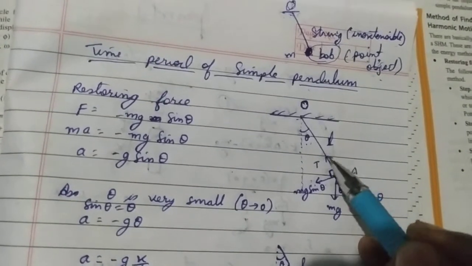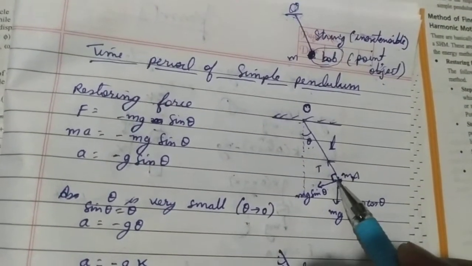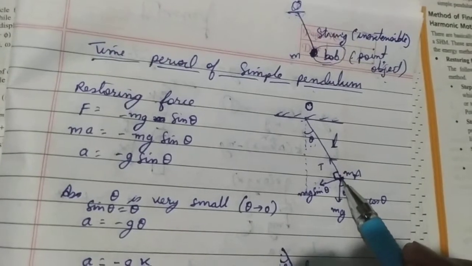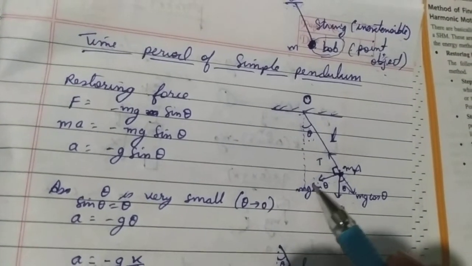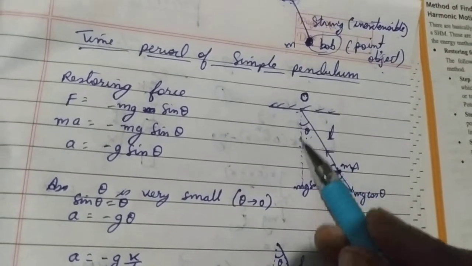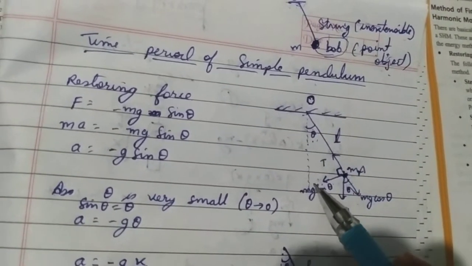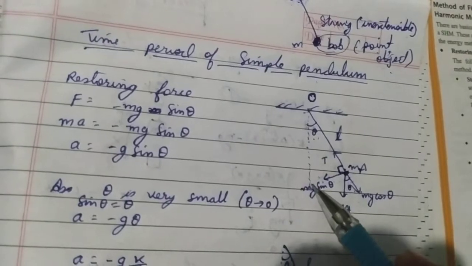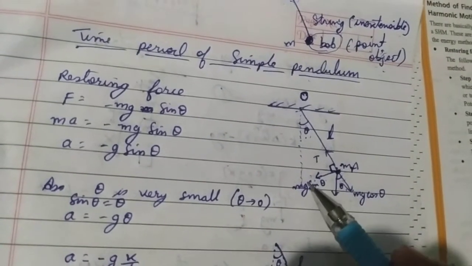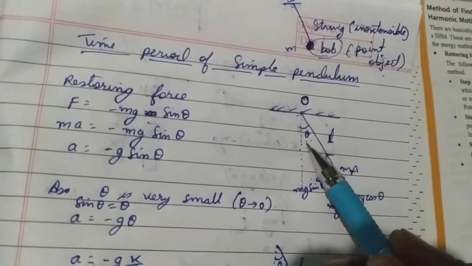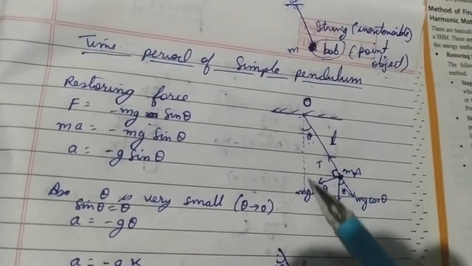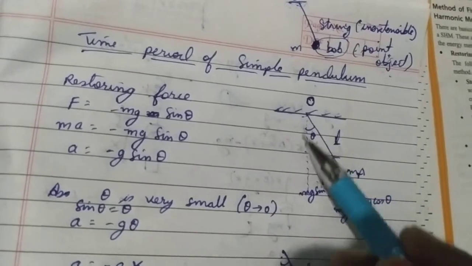This string has a length of L which is attached to mass m at point O. Initially the pendulum was in a mean position. From this mean position we have taken the bob towards certain point A, which makes the angle theta with the initial position or initial line.